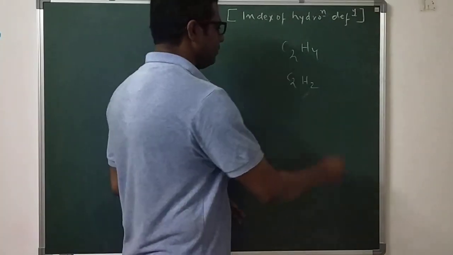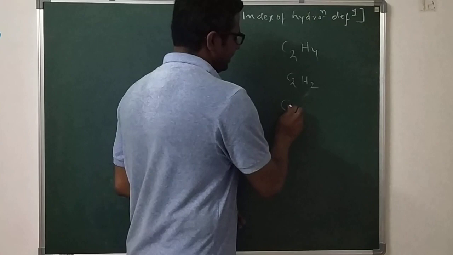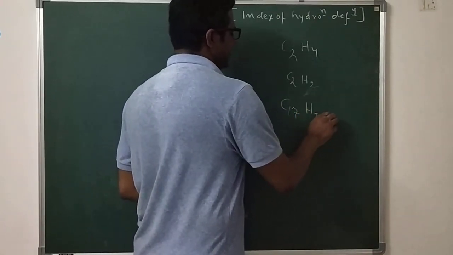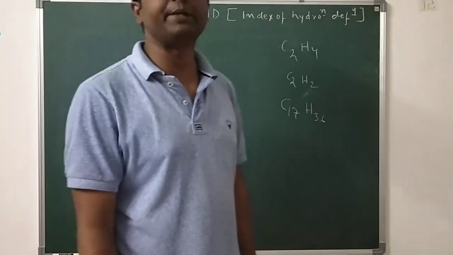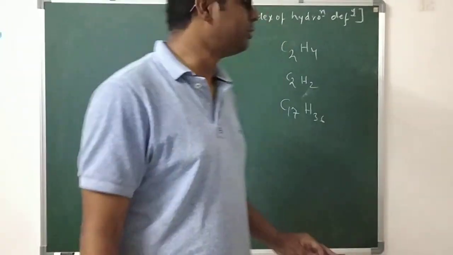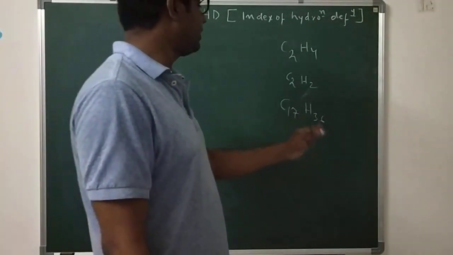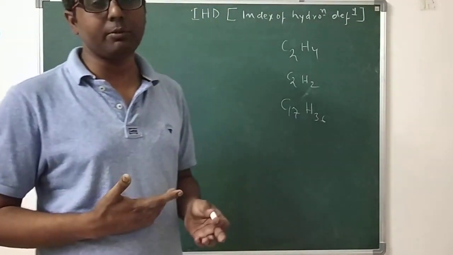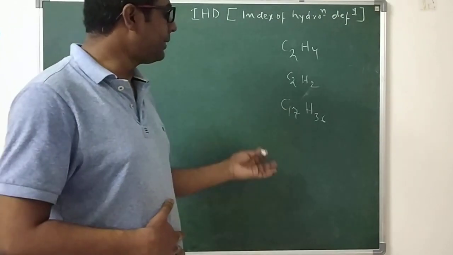But if I ask you how many double bonds are there in C17H36, then it becomes difficult for you to solve this kind of problem. There may be 2 double bonds, there may be 1 double bond, there may be triple bonds.